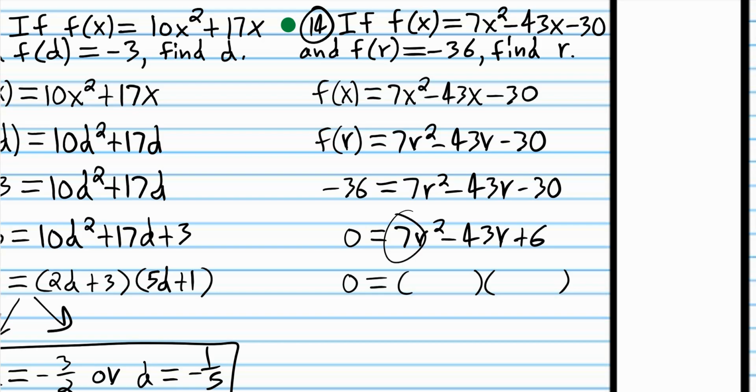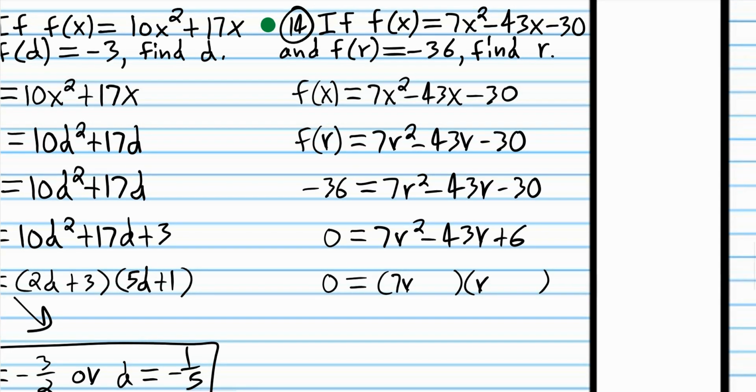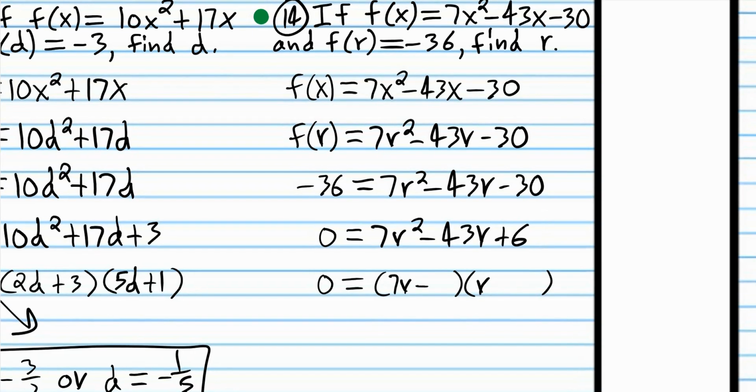What two numbers can we multiply to get 7r squared? Well, that's going to be 7r and r. Two numbers that multiply to 7 are 1 and 7. And then what are two numbers that multiply to 6? Now they're going to have to be negative. The reason I know that is because we have a negative here.